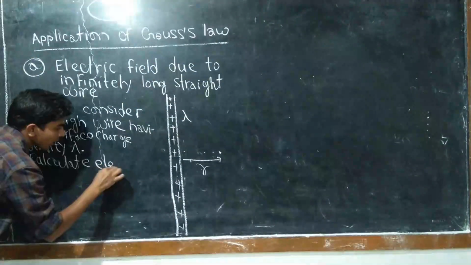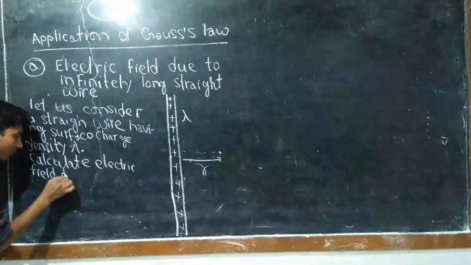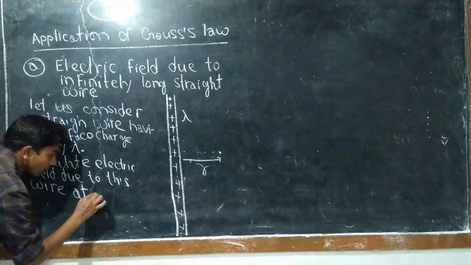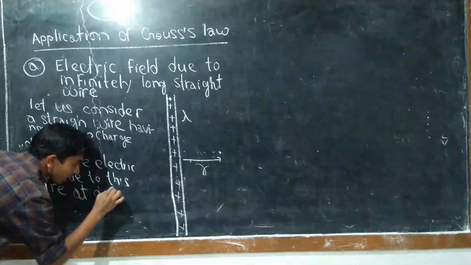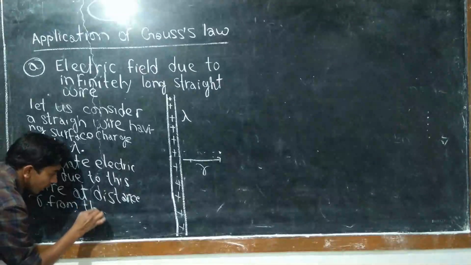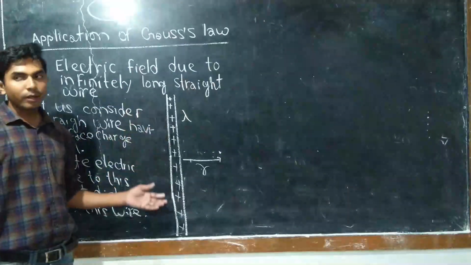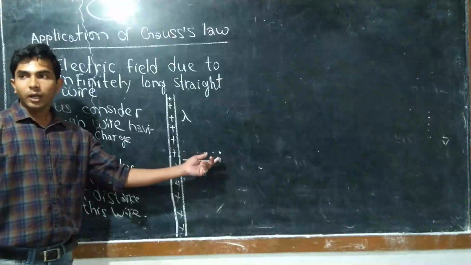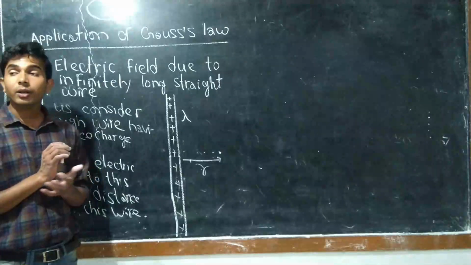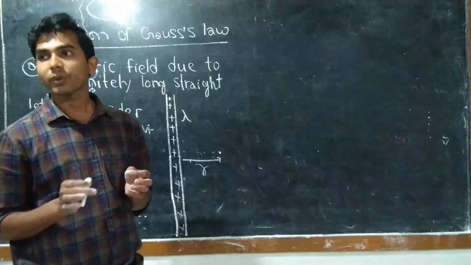Calculate electric field due to this wire at a distance r from this wire, right? So this is your wire, and we have to find electric field at a distance r from this wire. To find electric field, we have to draw a Gaussian surface, right?